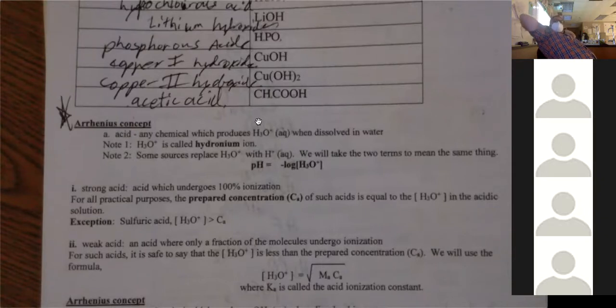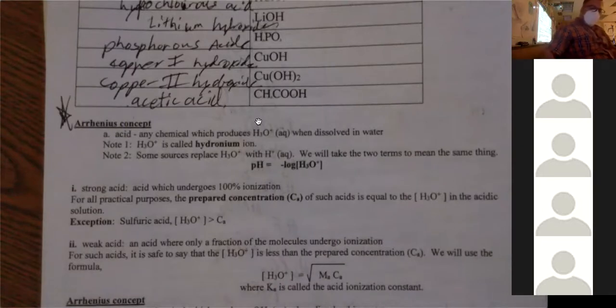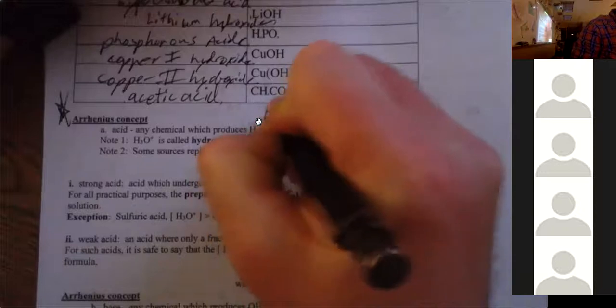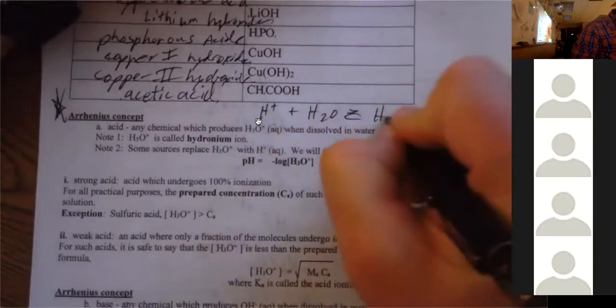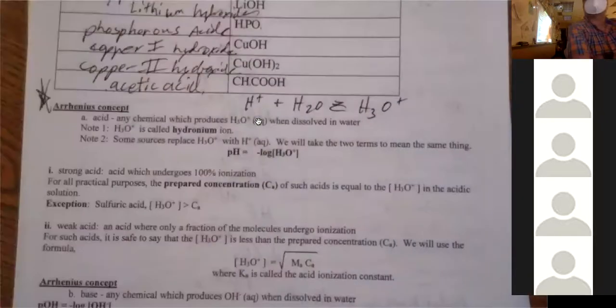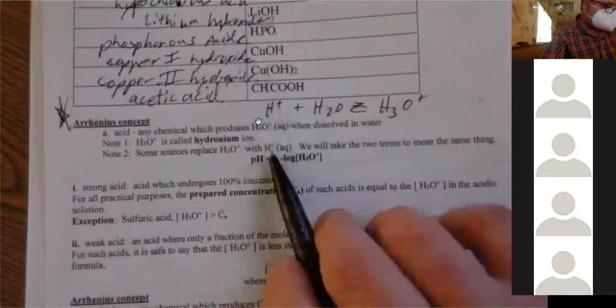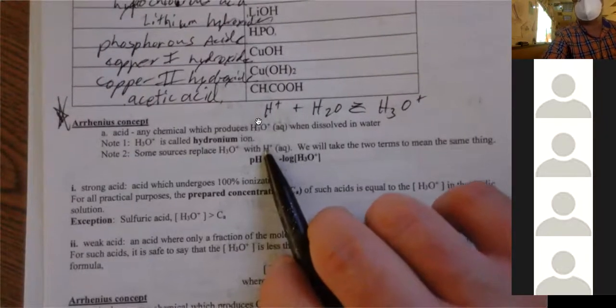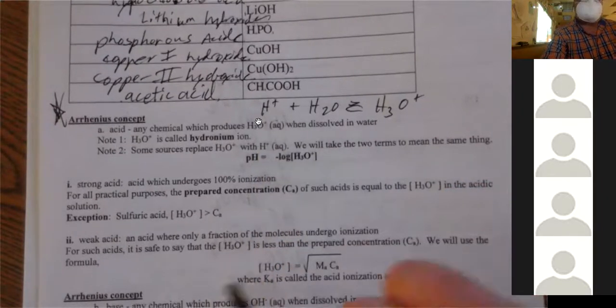That's why we looked at the chemicals above that had a hydrogen to start with, because when they dissociate, you get H plus H2O, which then yields H3O plus. That is the hydronium ion. A lot of times you'll see it just replaced with the hydrogen ion. That's fine. We can take these two things to mean the same exact thing.